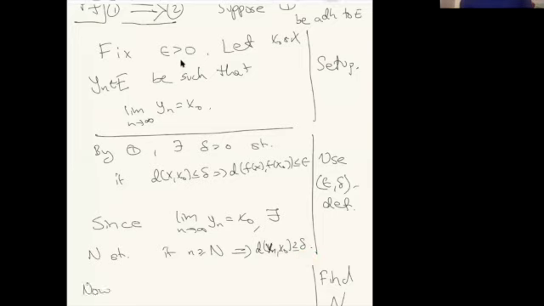Now with this choice, we have to verify that it works. If n is bigger than or equal to N, then the distance of yn to x0 is at most delta. This is by choice. And then by what we said here, by star, we know that the distance of f of yn and f of x0 is at most epsilon. And this is exactly what we wanted to show.